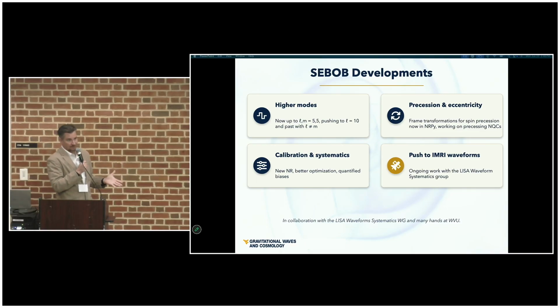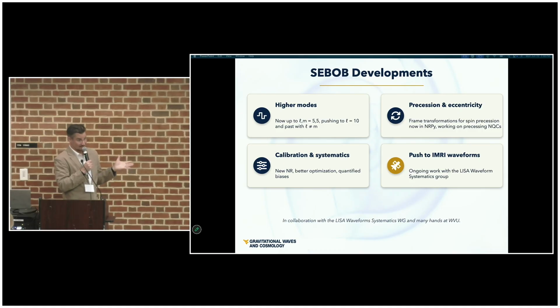What are we actively doing right now? We have a tool that's very usable. This is in particular for aligned spin systems, higher harmonics, whatever you want. Now we're trying to push the higher harmonics even higher. Numerical relativity has a hard time nailing down the higher and higher you go.